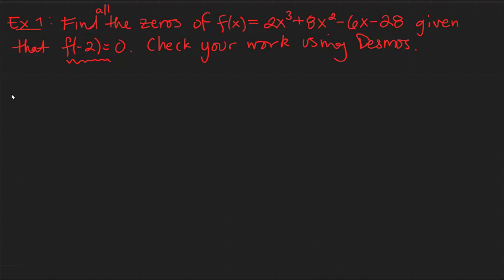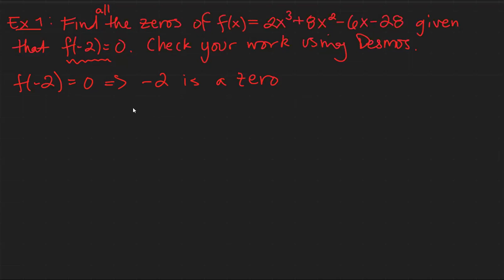Remember back in 5.5b, f of -2, what does that mean? We don't need 5.5b to know this specific part, but this just means that I plugged in an x value and it gave me 0. That means that -2 is a zero, an x-intercept.